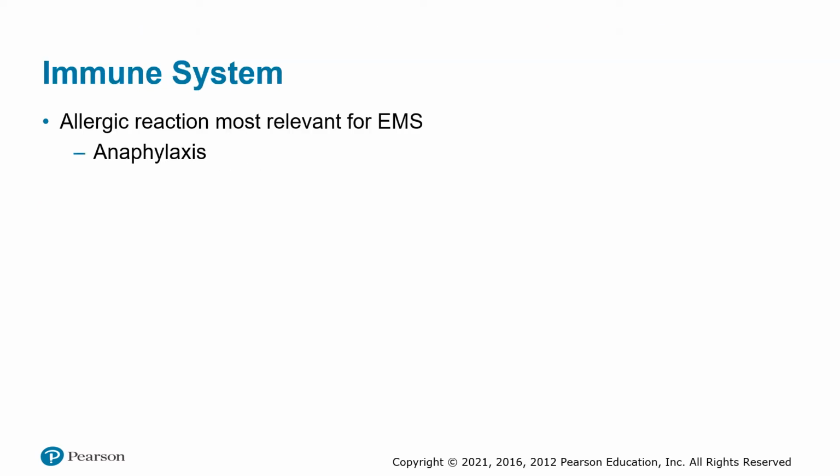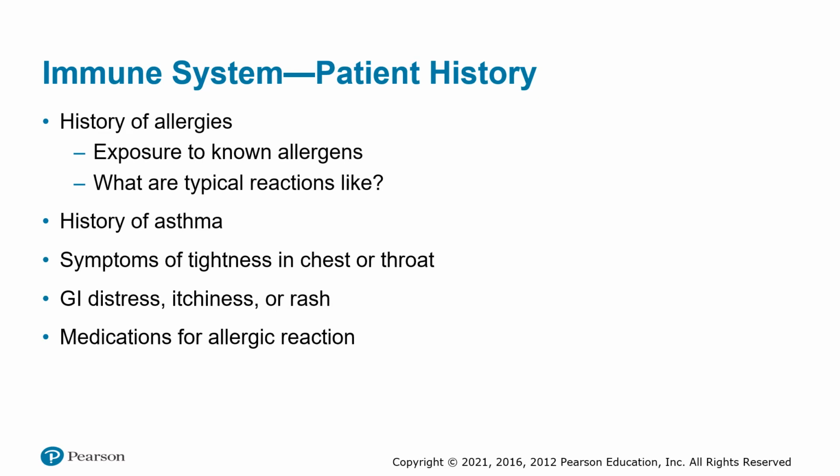The immune system. The most relevant immune system problem for EMS is anaphylaxis or an allergic reaction. I want to know what their history of allergies is. I want to know if they were exposed to a known allergen like peanuts or latex, and what their typical reactions are.